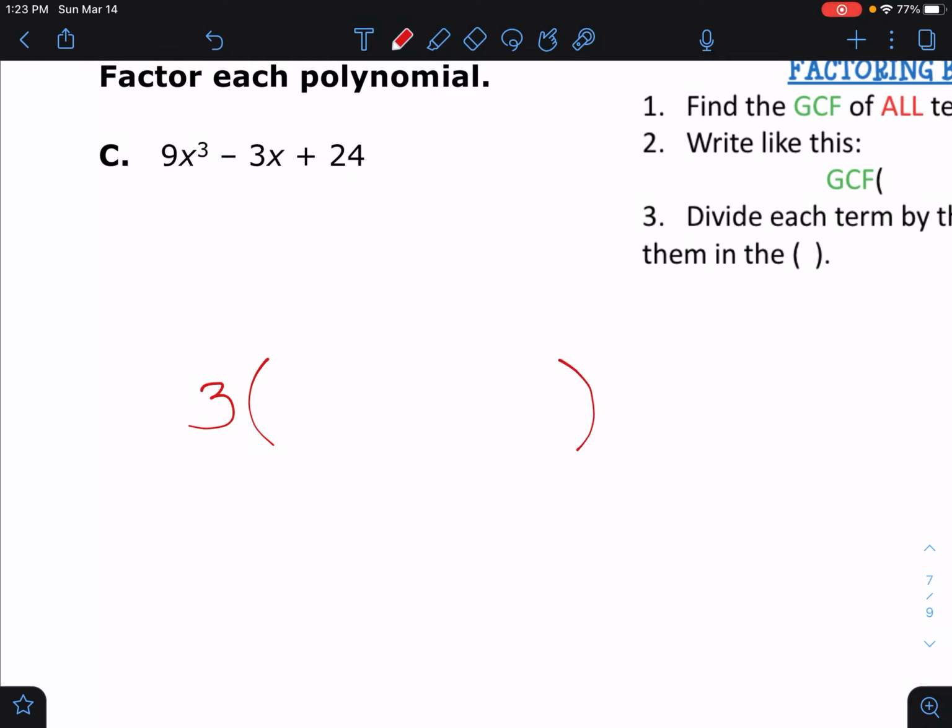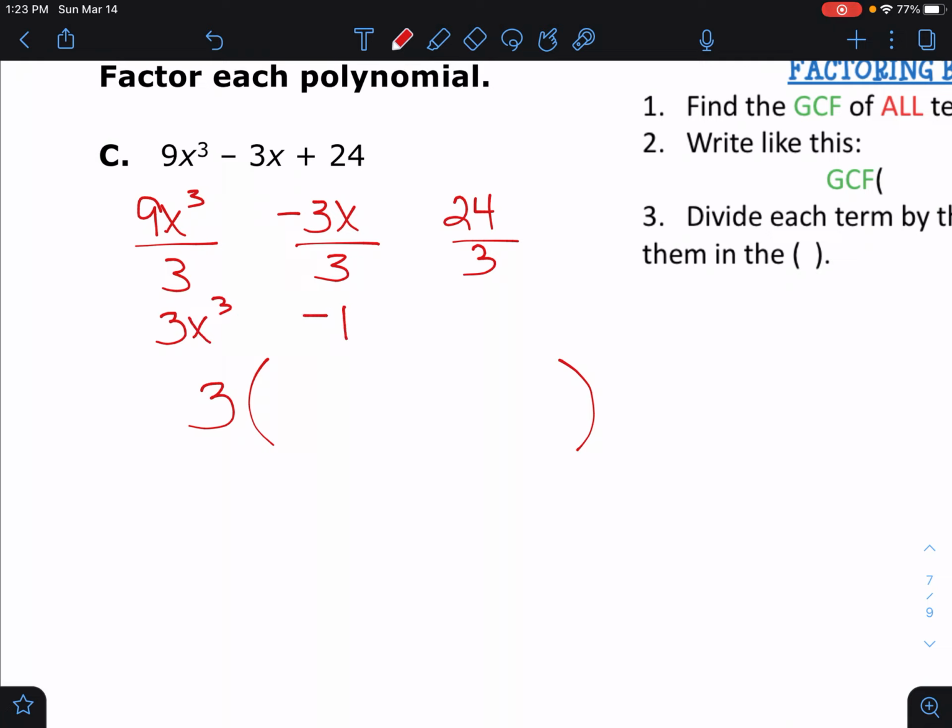Now, you know how to find a GCF, but let's say you find your GCF, and then again, you're just taking each of these and dividing by your GCF. But now when you do that, make sure to watch those signs and keep that in mind as you go. So then this would be 3x to the 3rd. This would be negative 1x.